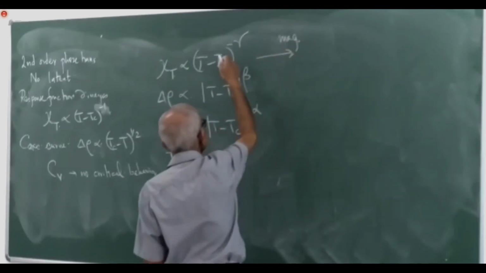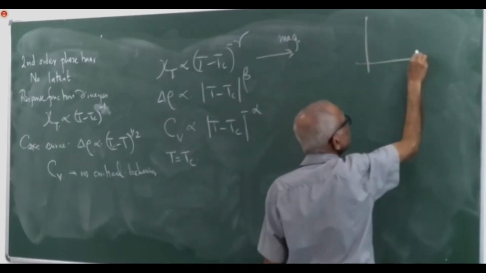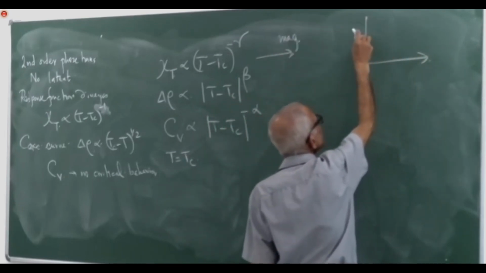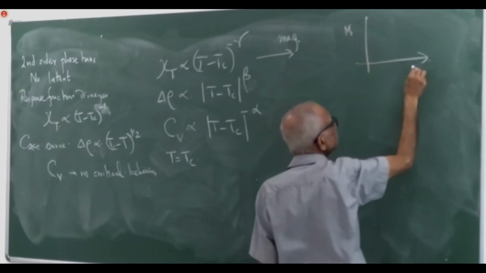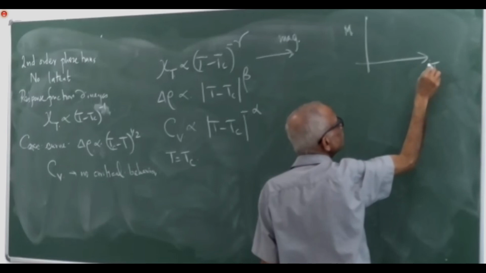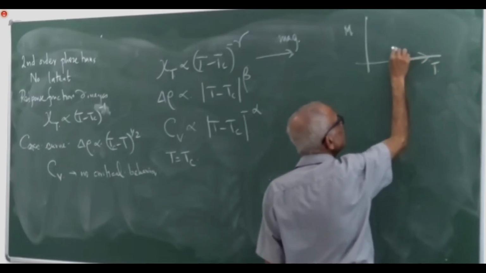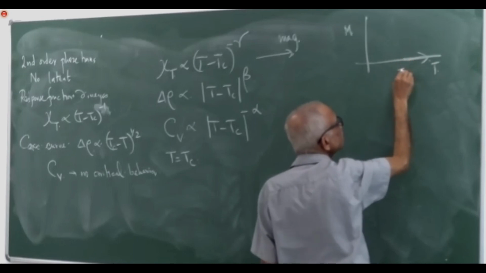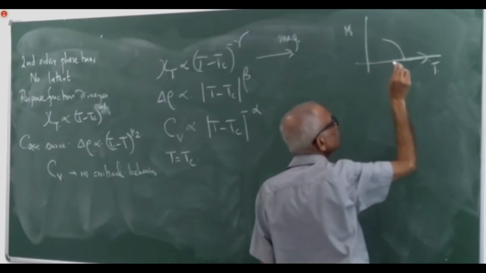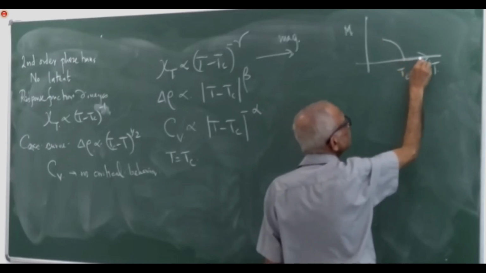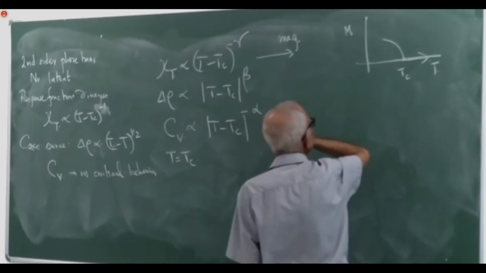Tc could have been the Curie point, and you look at the spontaneous magnetization as a function of temperature. At high temperature, there is no magnetization. Then at some critical temperature, the magnetization comes and starts getting bigger. So here is the picture for the magnetic phase transition.